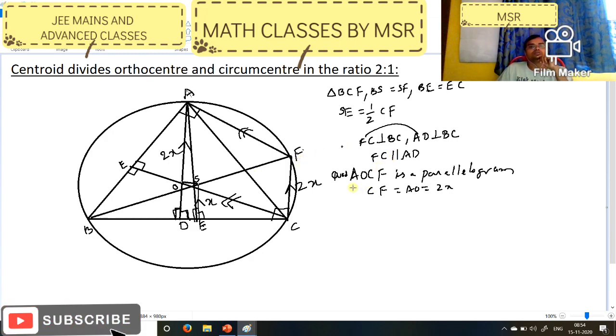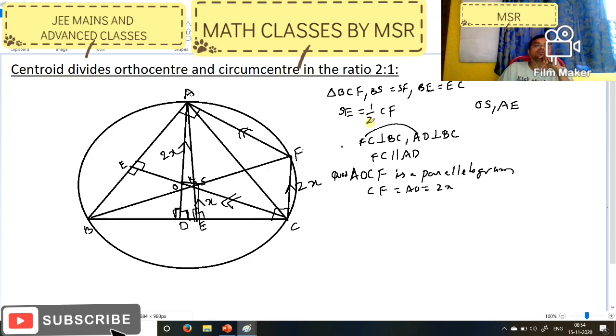Now clearly observe, this is S. The point of intersection of OS and AE is some K.